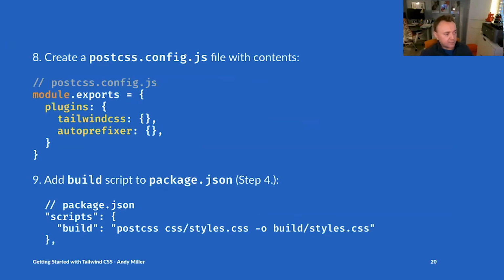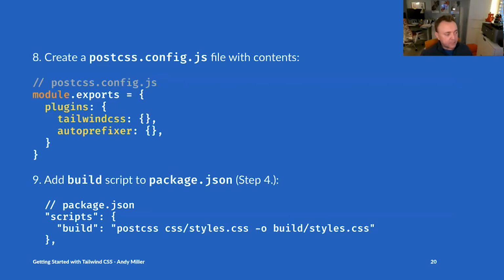That creates this really basic file, which we'll use later. Step 8 is to create the postcss.config.js, and there's no command for this, but it's really just a simple file with six lines of code in it, and a comment. This basically tells PostCSS to use tailwindcss and autoprefixer.